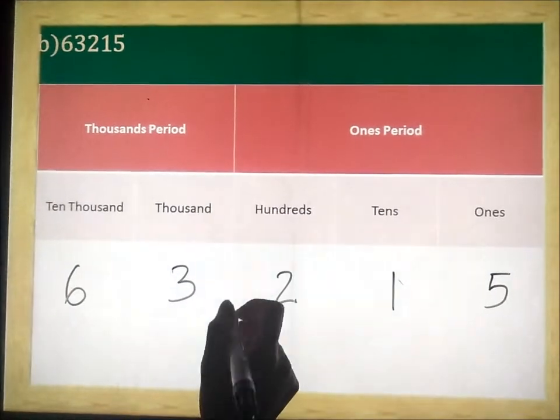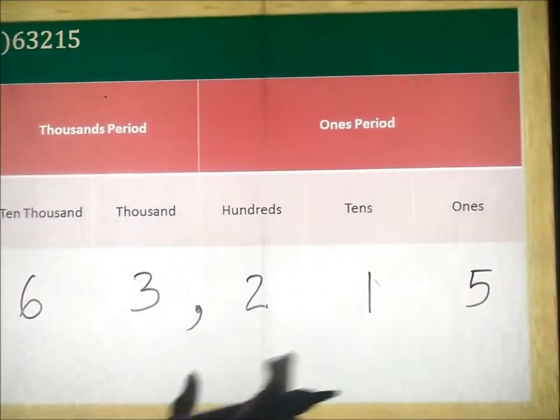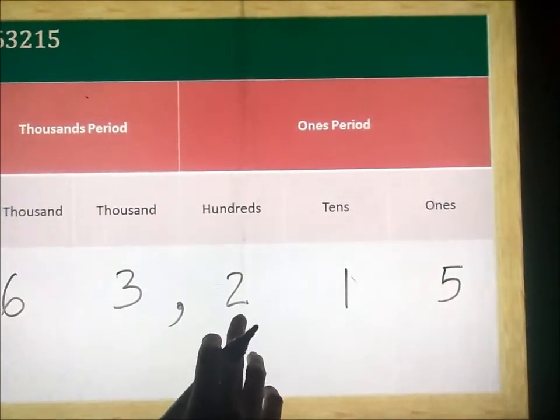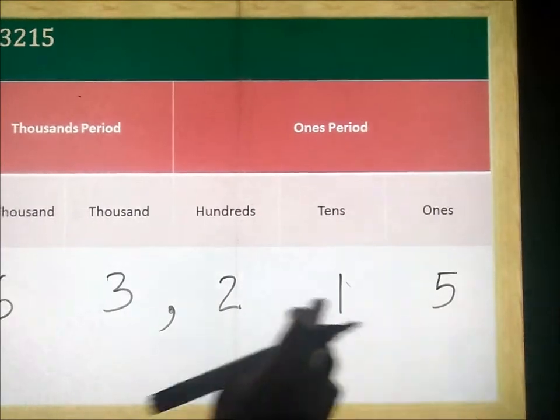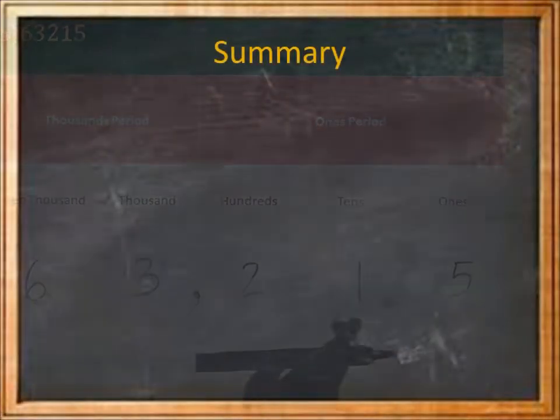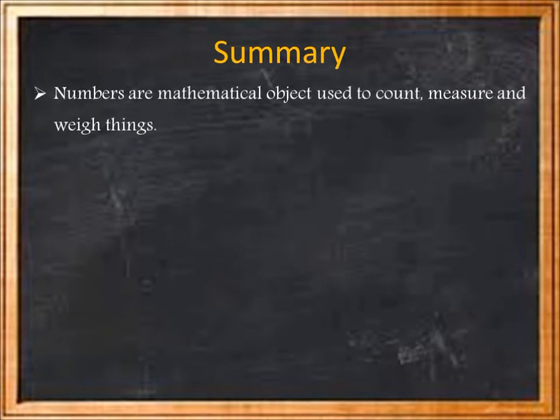After 3 units, I put a comma to separate it. So what is the name of this number? How do we read it? It is 63,215.